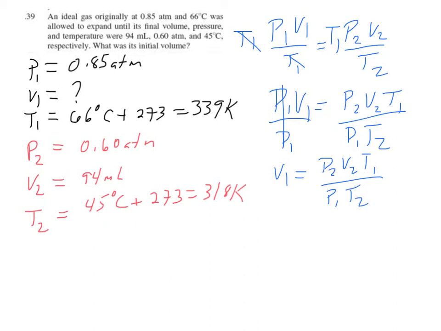Now we can just go ahead and plug in all of our numbers. So our value for P2 was 0.60 atmospheres. Our volume 2 was 94 milliliters. Our T1 was 339 Kelvin.